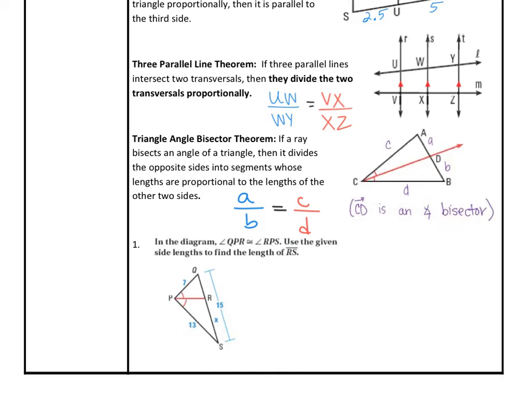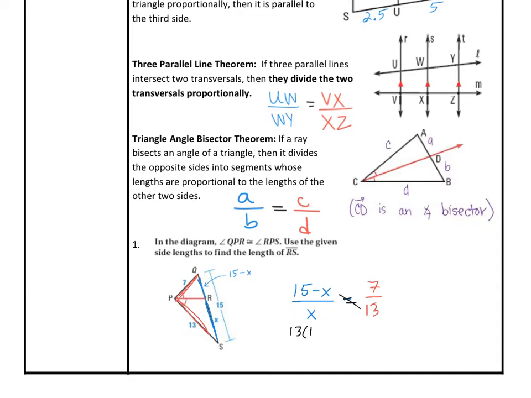The whole side is 15, and this part RS is X, so that means this other part is 15 minus X. So let's write a proportion. 15 minus X over X, this is the last theorem, equals 7 over 13. So 7 and 13 correspond, and these 2 correspond. Then you cross multiply and solve.